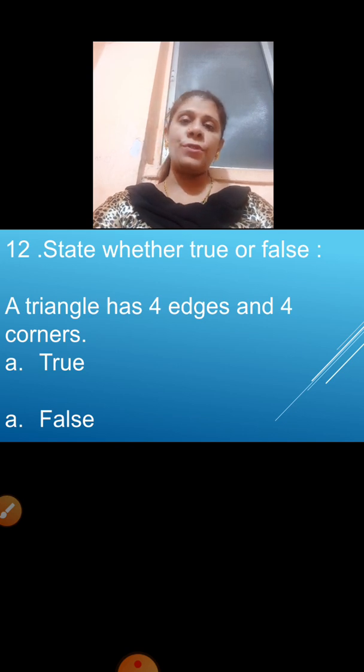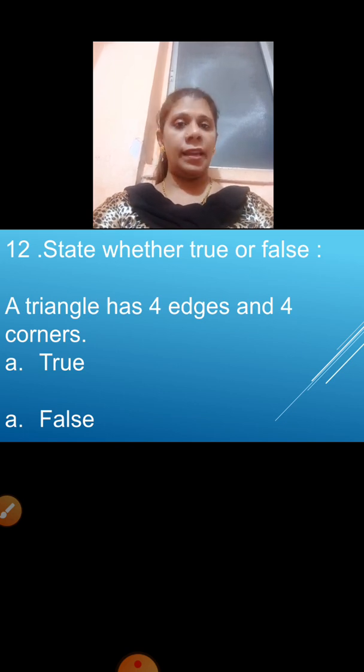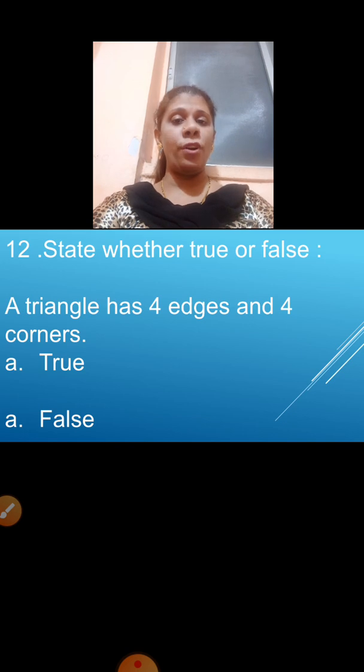Now state whether true or false. A triangle has 4 edges and 4 corners. True or false?